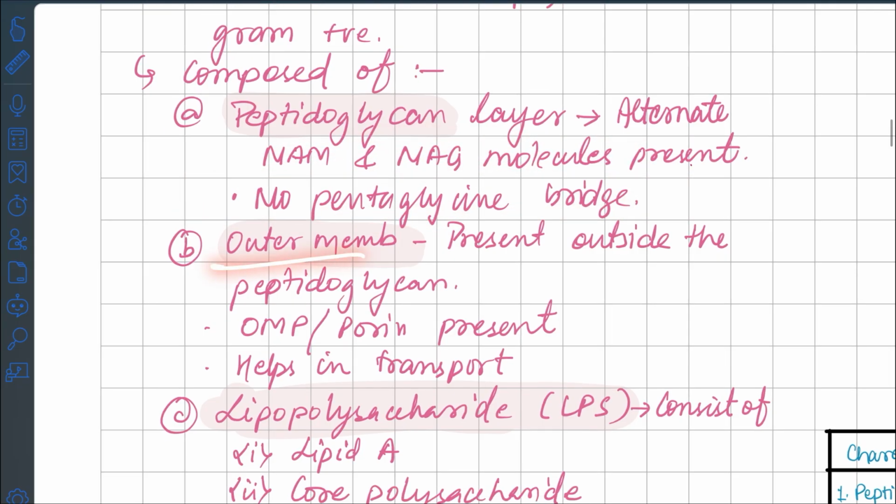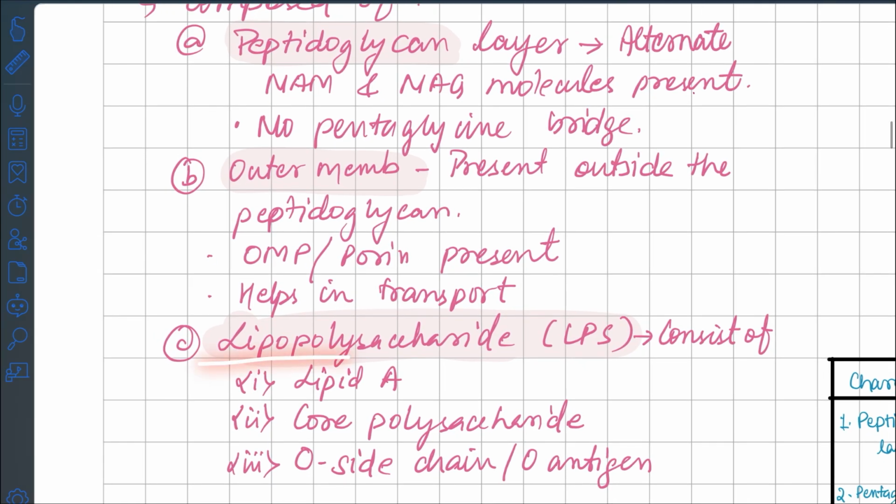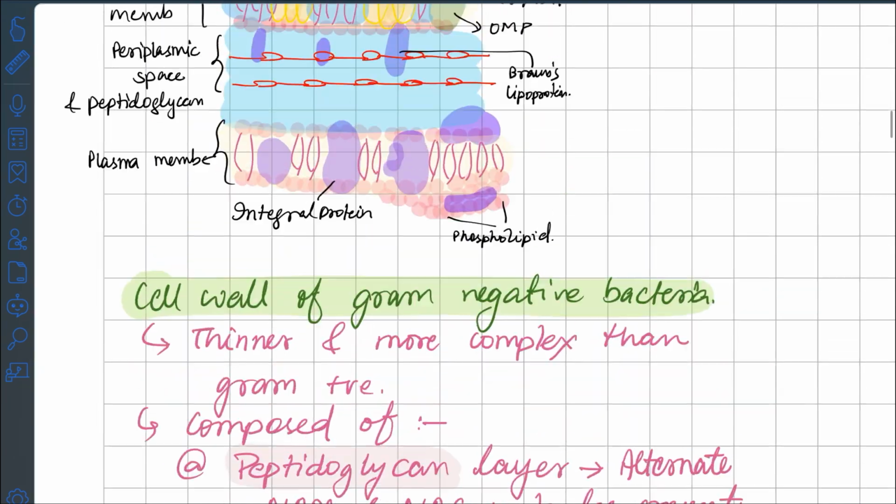The outer membrane, which is present outside the peptidoglycan, consists of OMP or outer membrane protein, also known as porin, which helps in transport of molecules across the cell wall. Then there is lipopolysaccharide or LPS. It consists of three structures: lipid A, core polysaccharide, and O side chain or O antigen.